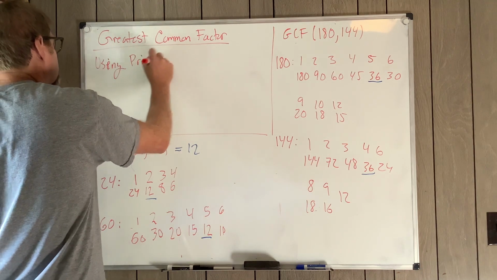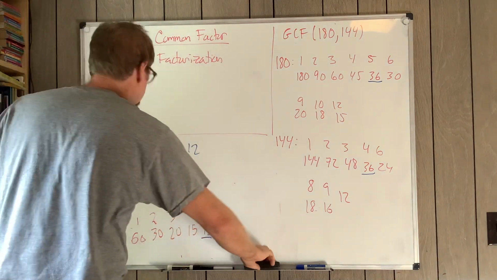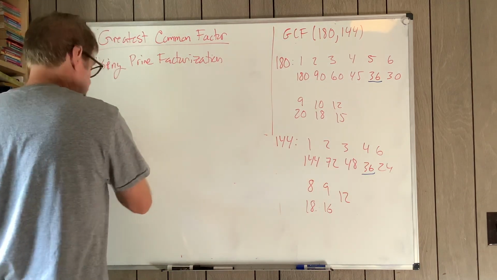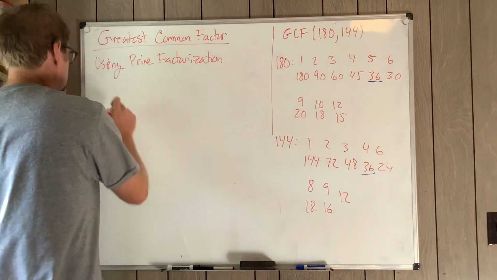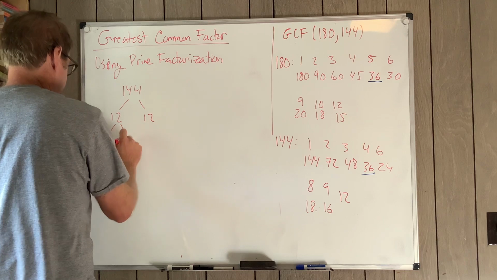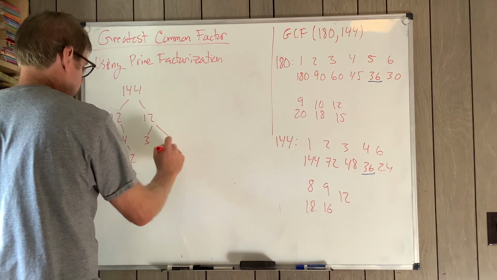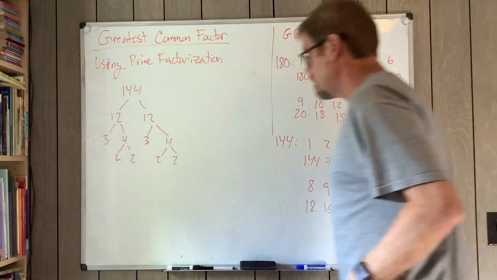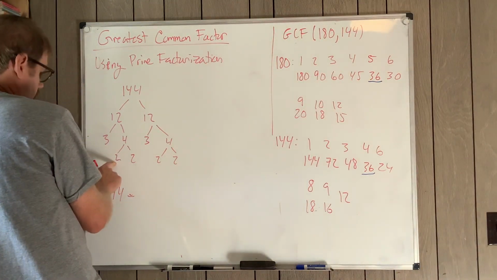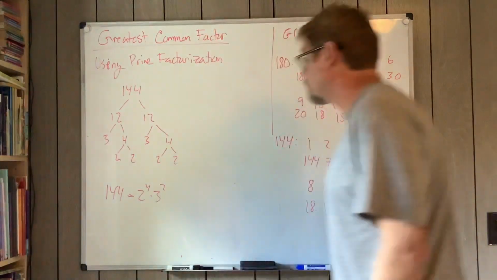prime factorization. I'm going to do this example again, but using prime factorization. So first of all, 144 is 4 twos, 2 to the 4th, and 2 threes, so 3 squared.